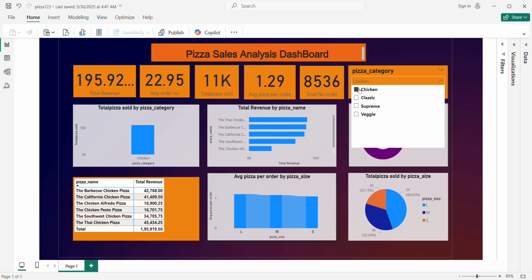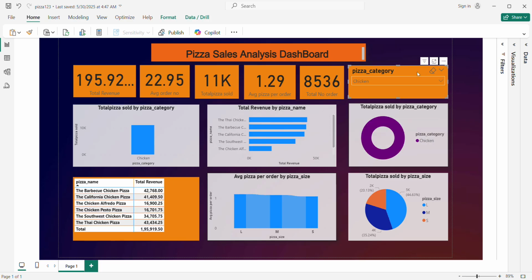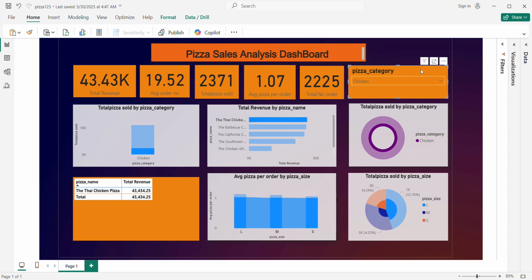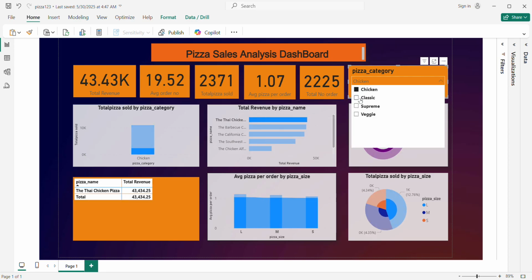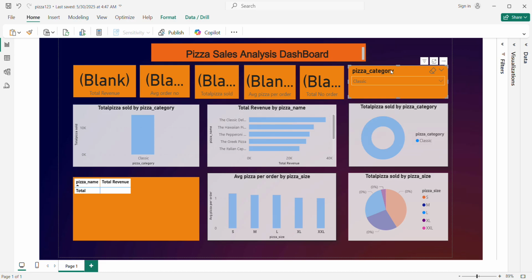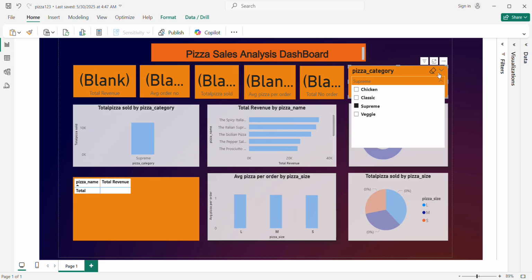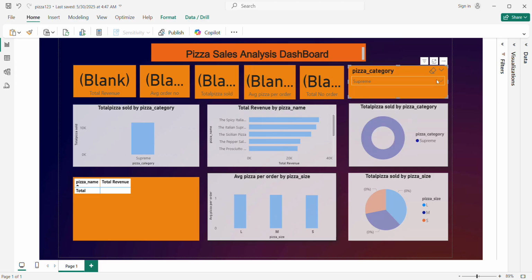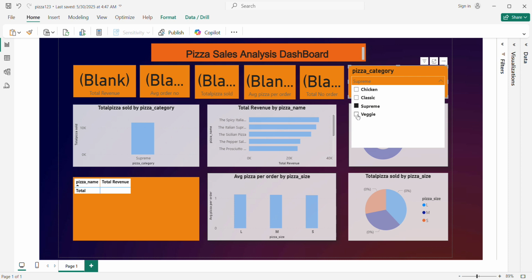So this is the chicken comparison or sales analysis, and then classic, and then supreme sales, and veggie.